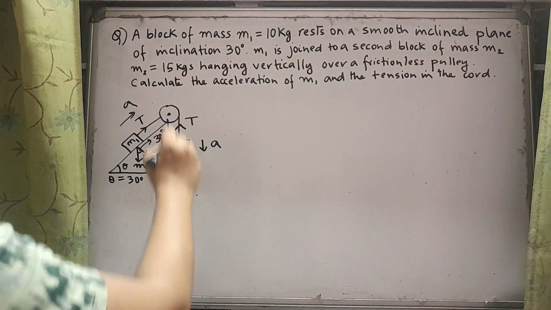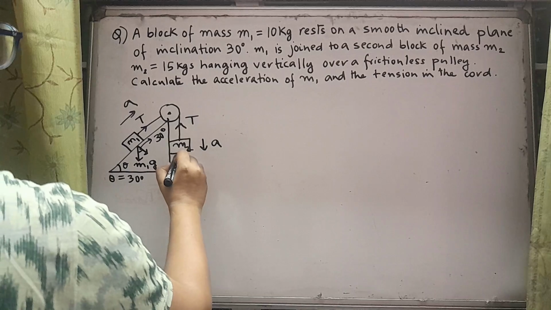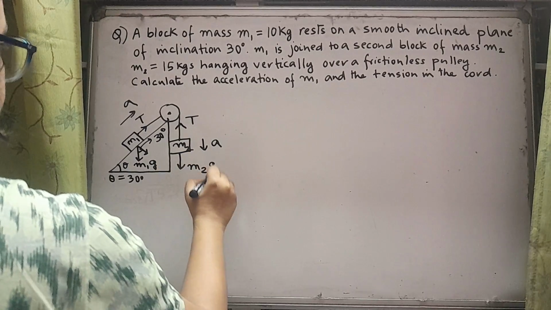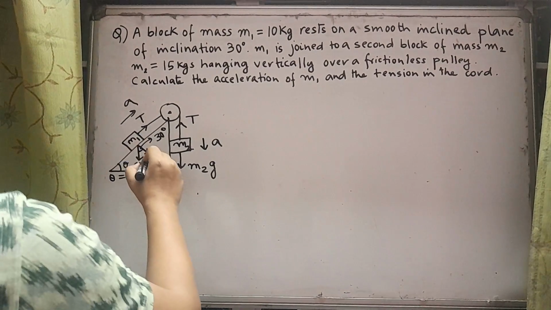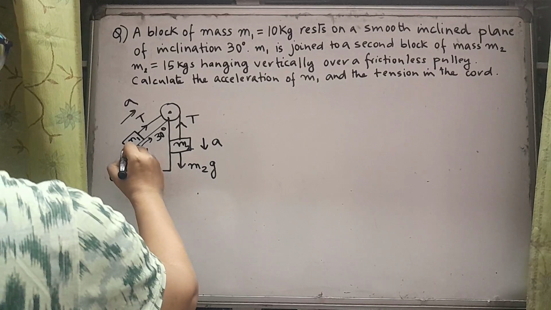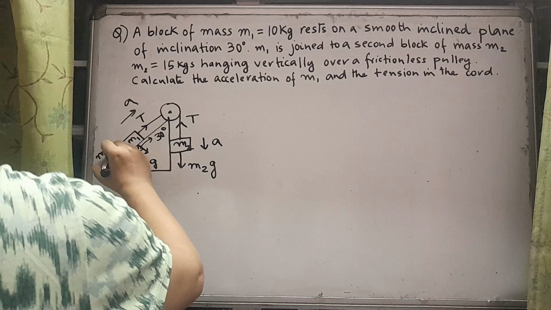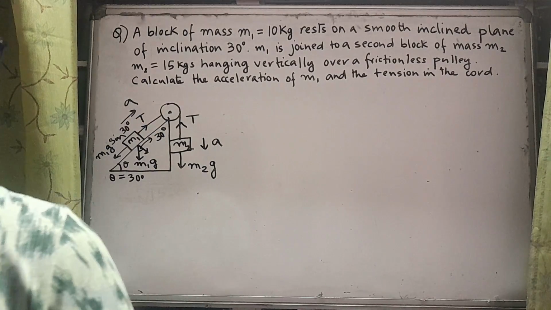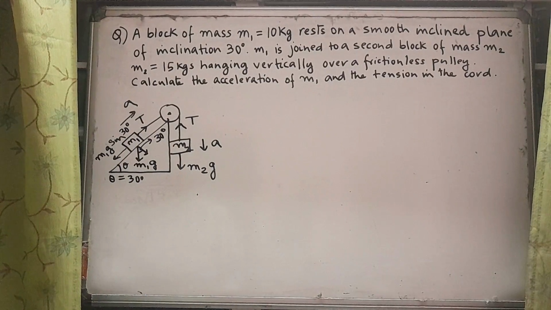Since the string is the same, the tension in both the bodies will be the same, and here the weight acts downwards. Now I can resolve this into components. This will be m1g sine 30 degrees, and this will be m1g cos 30 degrees.